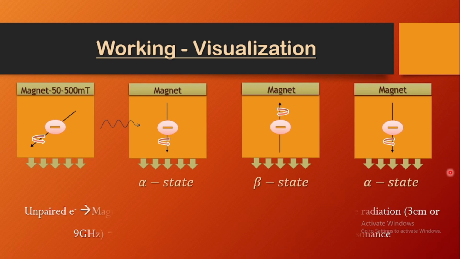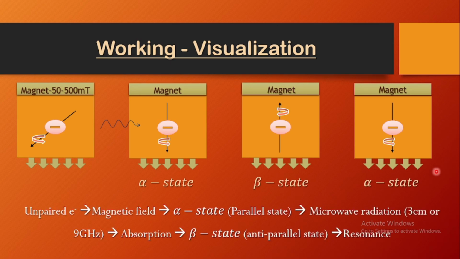So just to sum it up, we can say that an unpaired electron molecule is taken and it has its own magnetic field, then we apply an external magnetic field, then the spin of the electron is going to orient with respect to the direction of the magnetic field, and such a system is called the alpha state, which is also called the parallel state or lower energy state.